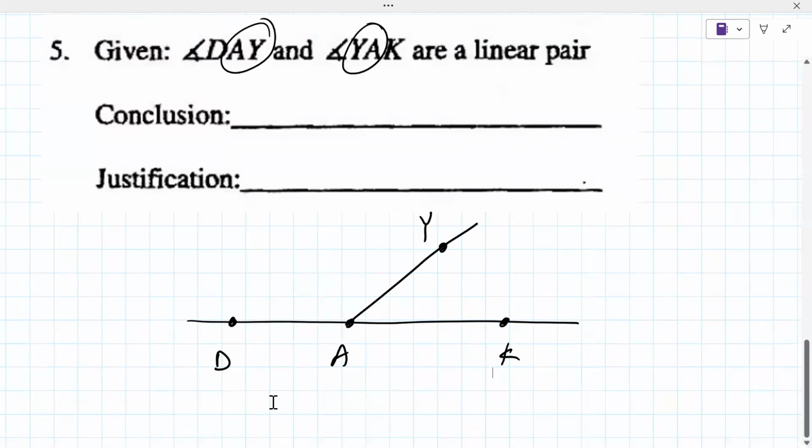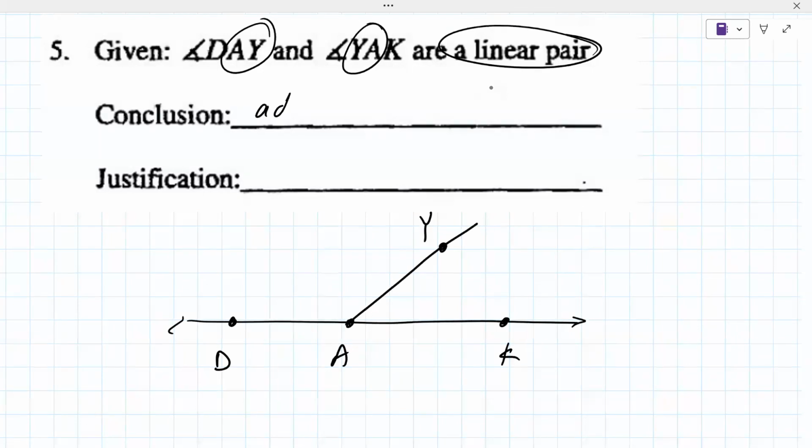Okay, so what can you say about a linear pair? What's the big thing if two angles make a linear pair? Do you recall from class? Linear pair. It's okay if you don't. That's what I'm here for, to help, but I'm just asking if you got it from class. Would they be supplementary? Yes.